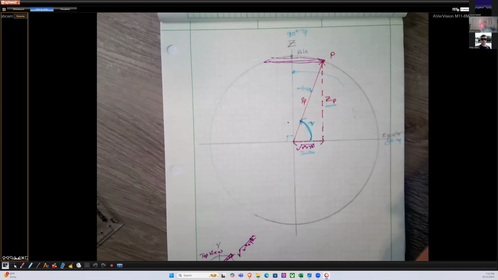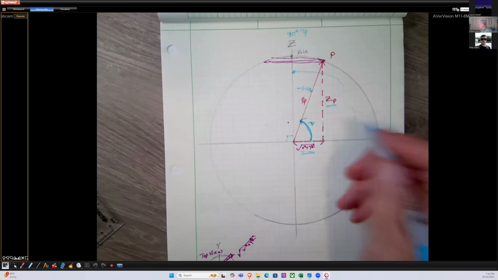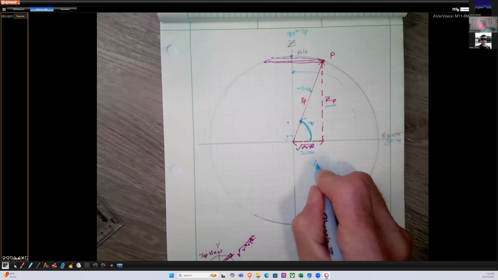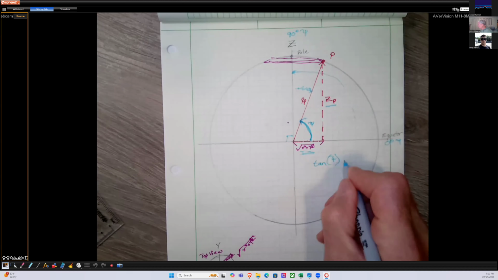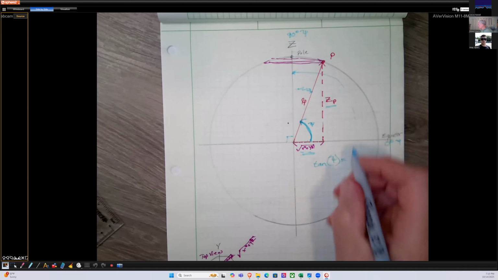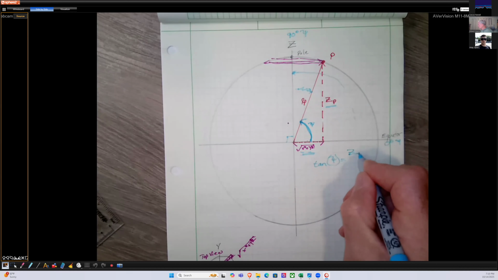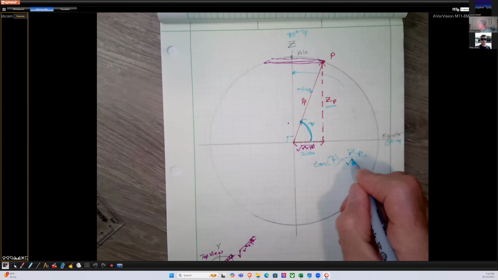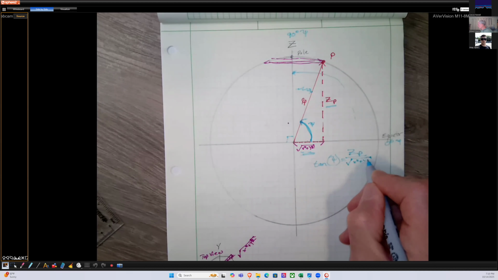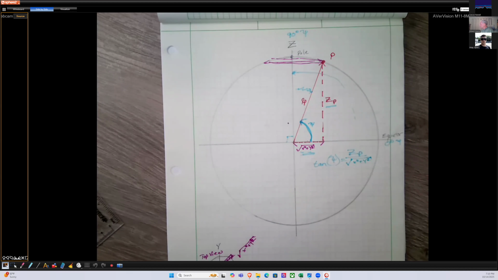then good old SOHCAHTOA, the tangent of psi equals opposite over adjacent, right?